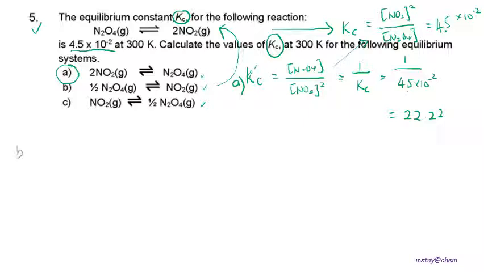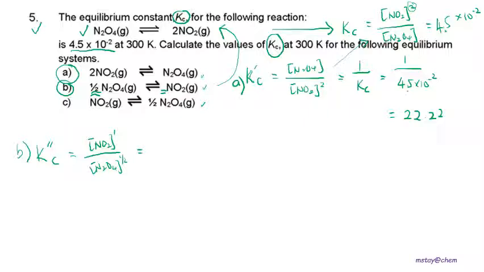While for B, we will notice that this equation is similar to the equation above. The difference is the coefficients are different. For equation B, the Kc expression will be concentration of NO2 to the power of 1 over concentration of N2O4 to the power of 1/2. The power 2 becomes 1, while the power 1 becomes half.